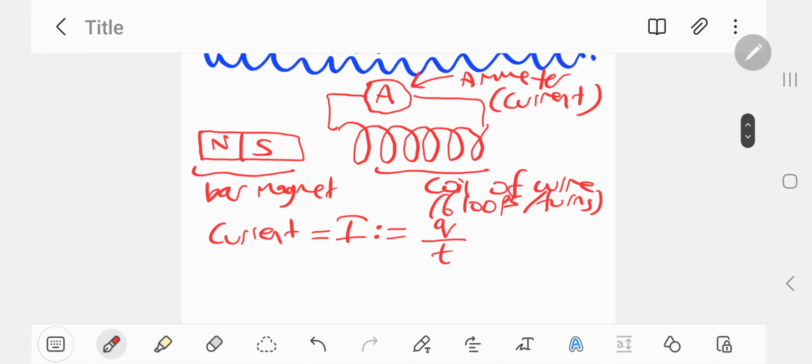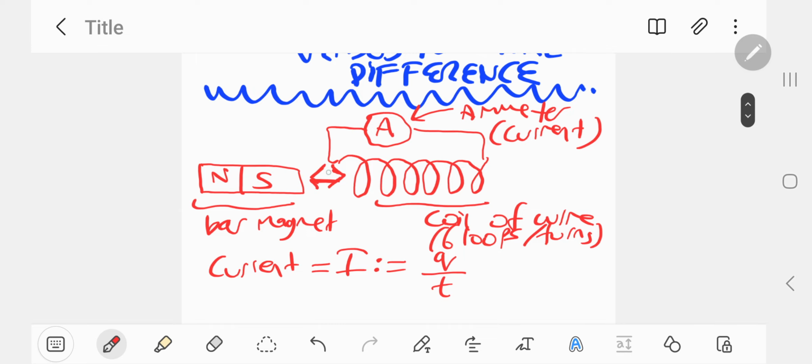So what Faraday found, in the 1800s, was that if you get a bar magnet and you move it in and out of the coil at some speed, there's a magnetic field. Magnetic field lines start at the north and end at the south. The coil experiences a changing magnetic flux.